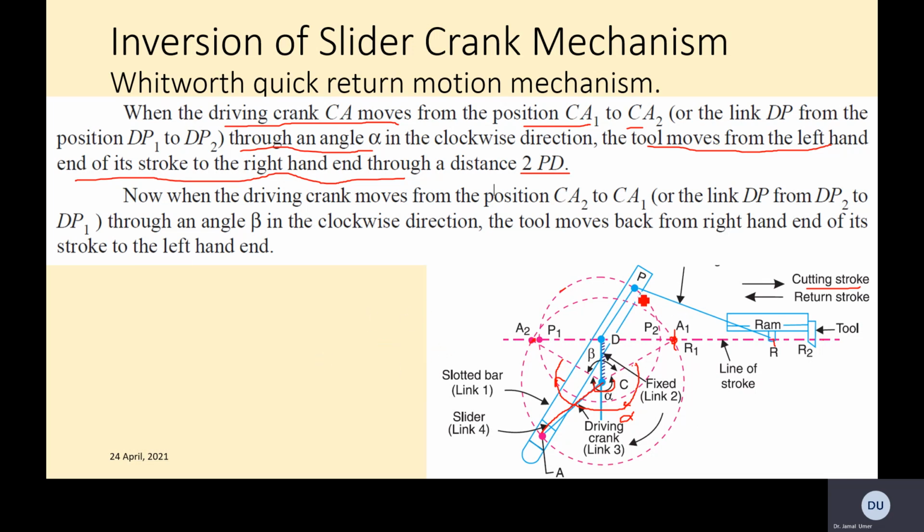So 2 pd is the distance being covered. This pd is the radius for this slotted lever to move. So when it's moving, of course it's moving two times pd.